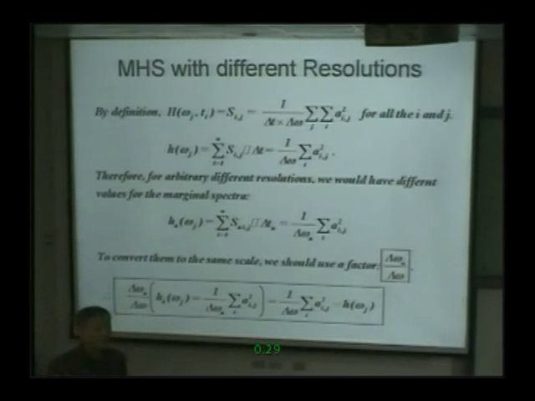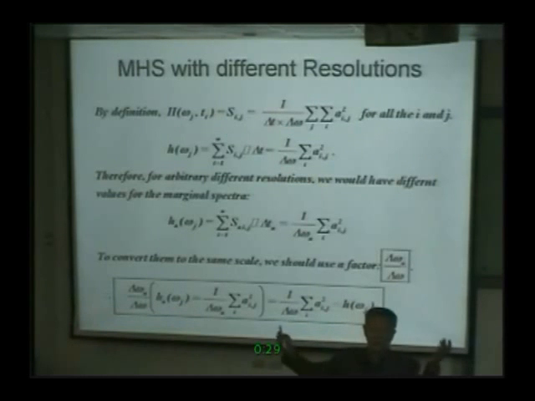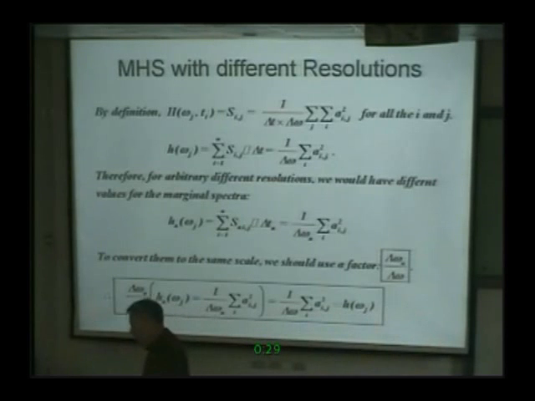For example, if I look at the length of day, it has 14,000 data points, and the data rate is 1 per day. But I know there's no information at 1 per day, so I never go all the way to 1 per day.